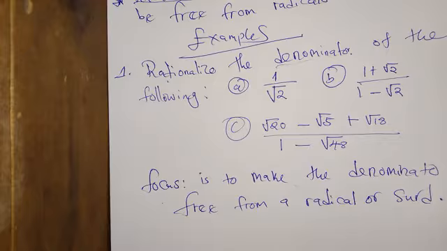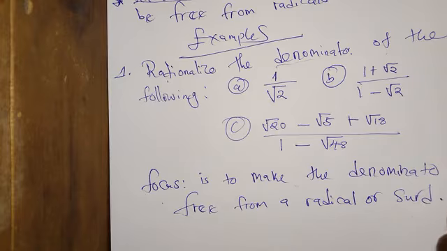So that is our focus in this question. We don't care if the numerator has a radical at the end, but our focus is to make sure that the denominator is free from a radical.